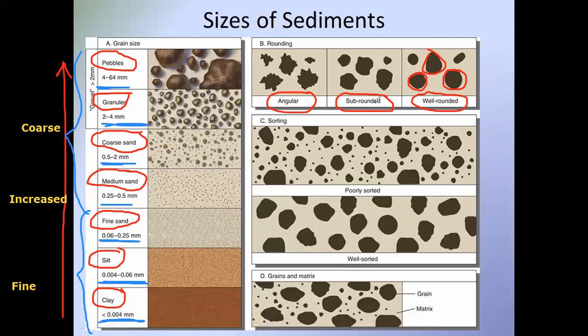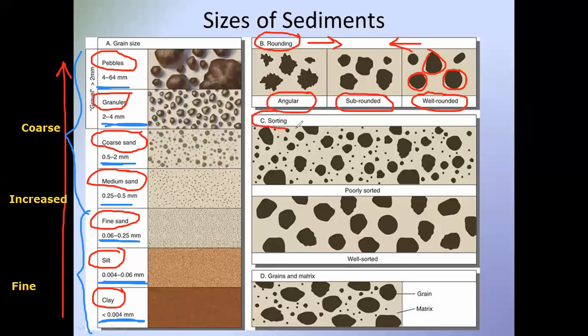Sub-rounded is the category in between angular and well-rounded, so it is considered sub-rounded or sub-angular. This is about the rounding of the sediments we have seen.